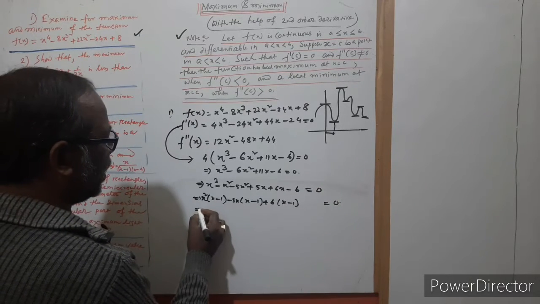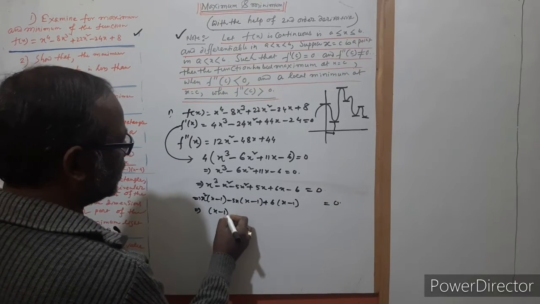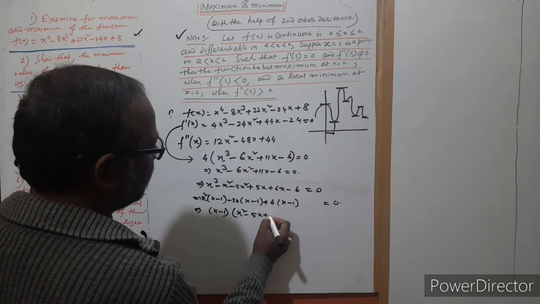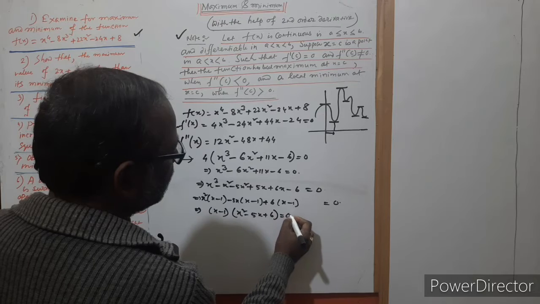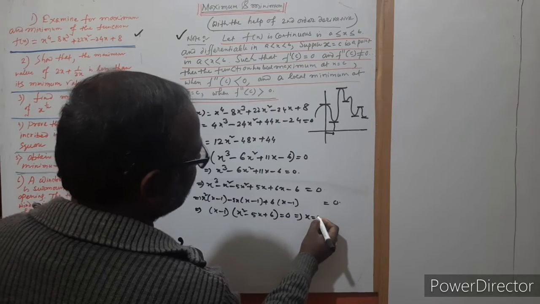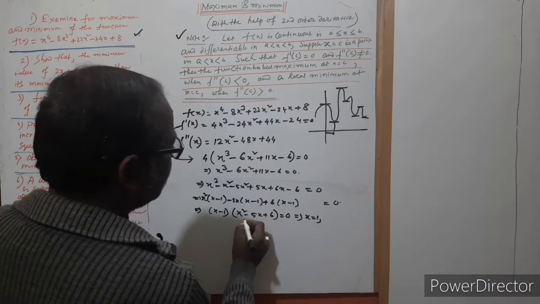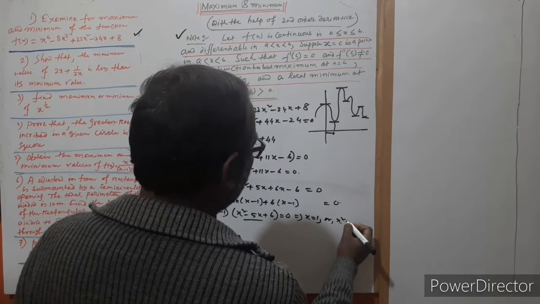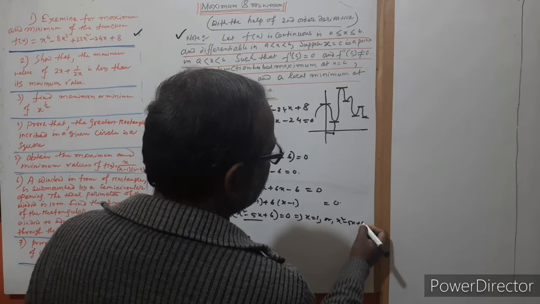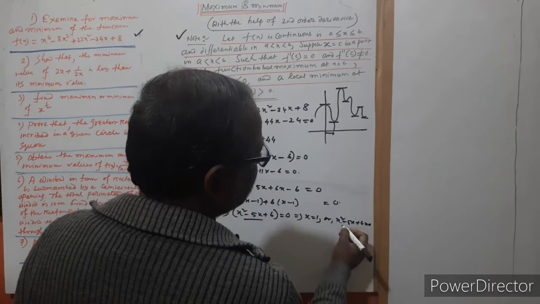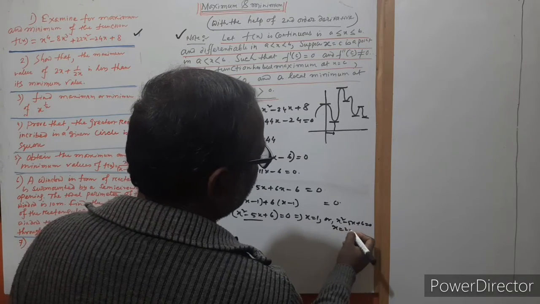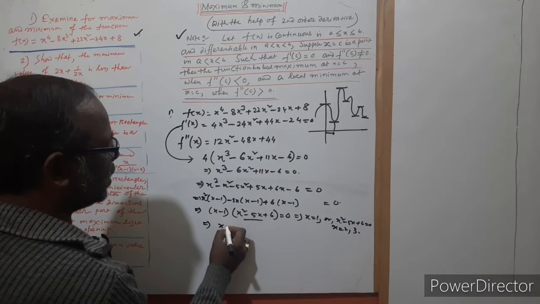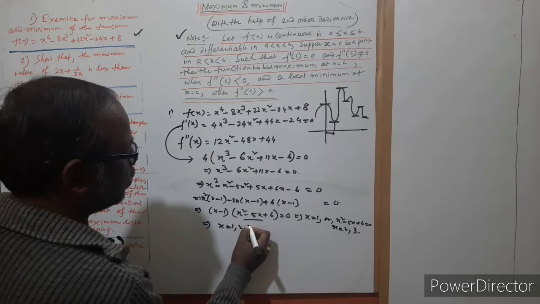Now take x minus 1 as a common factor, and the other factor is x square minus 5x plus 6 equal to 0, which implies x equal to 1. If we factorize x square minus 5x plus 6 equal to 0, then we get 2 and 3. Therefore the zeros are 1, 2 and 3.